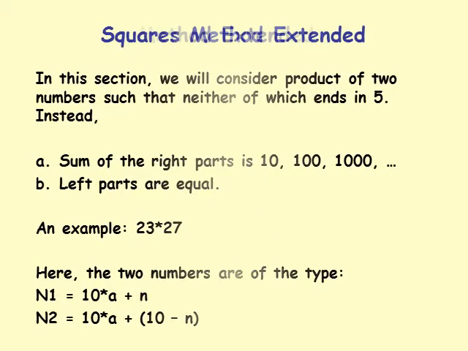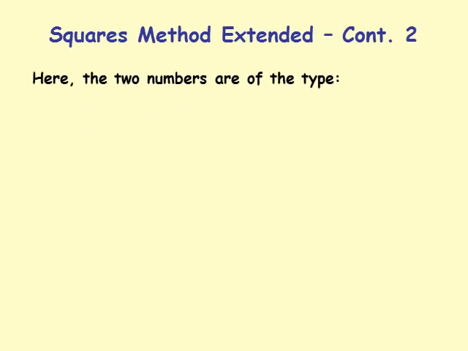Continuing, the two numbers from the previous page: one is 10 times a plus n, and the other is 10 times a plus 10 minus n. The left part is constant, the same, and the right parts add up to 10. n plus 10 minus n is 10.